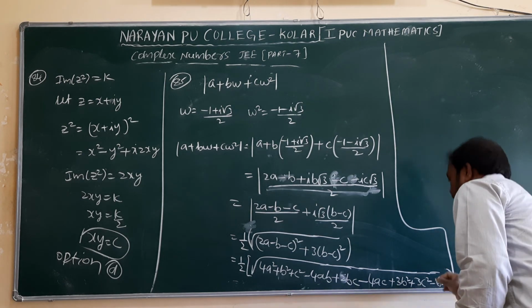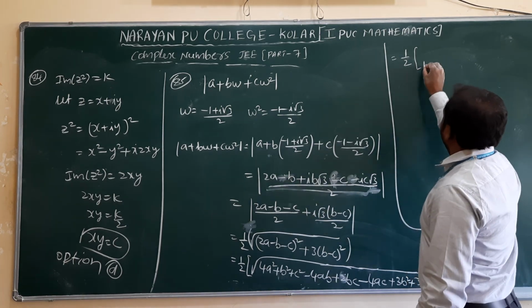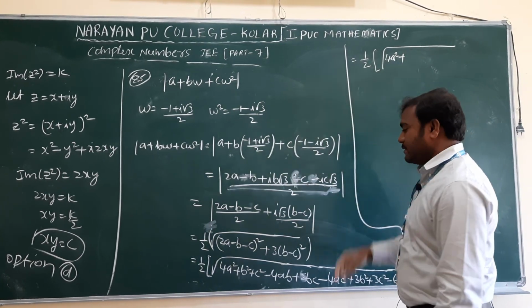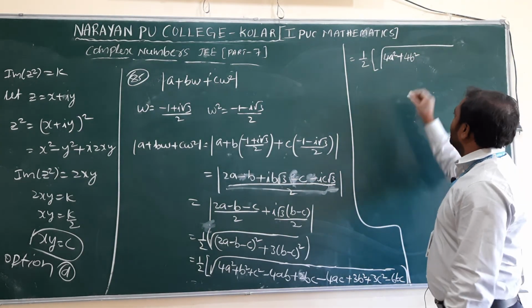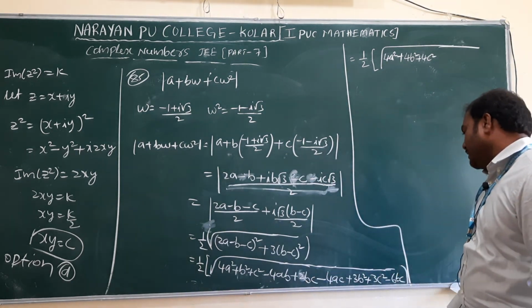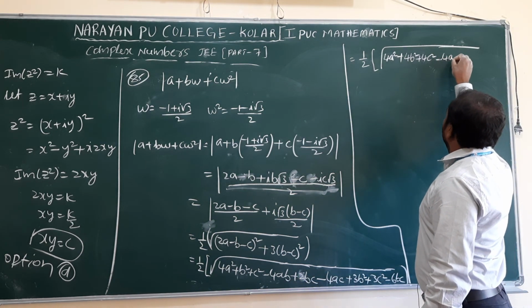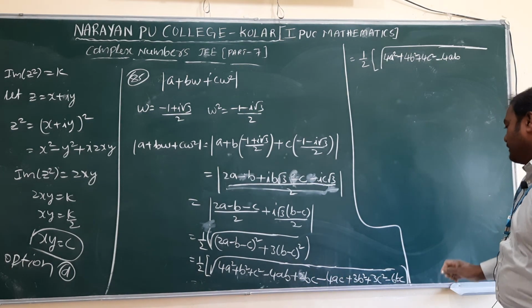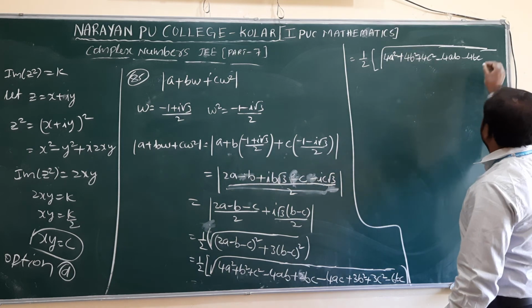Here 1/2 square root of 4a² plus b² plus 3b², 4b², plus 4c², minus 4ab, 2bc minus 6bc, minus 4bc, minus 4ac.